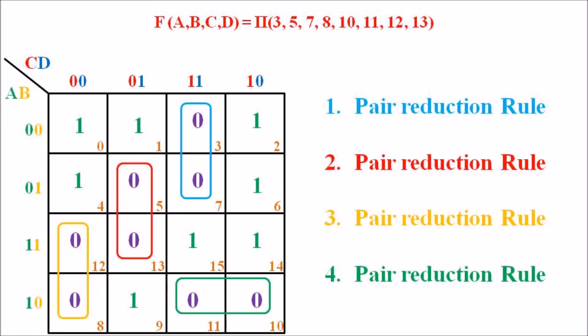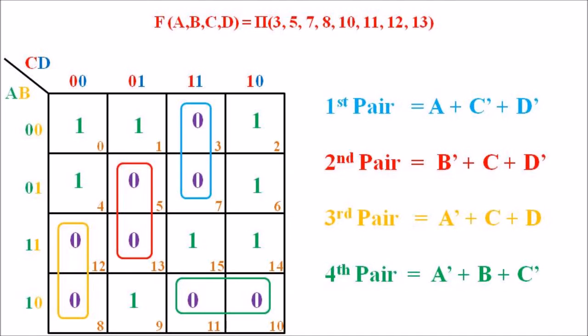The first pair lies in the third column and in the first and second rows. In the first and second rows, the value of a is 0 in both, and the value of b is 0 in the first row and 1 in the second row. We have to consider only the variable which remains constant.